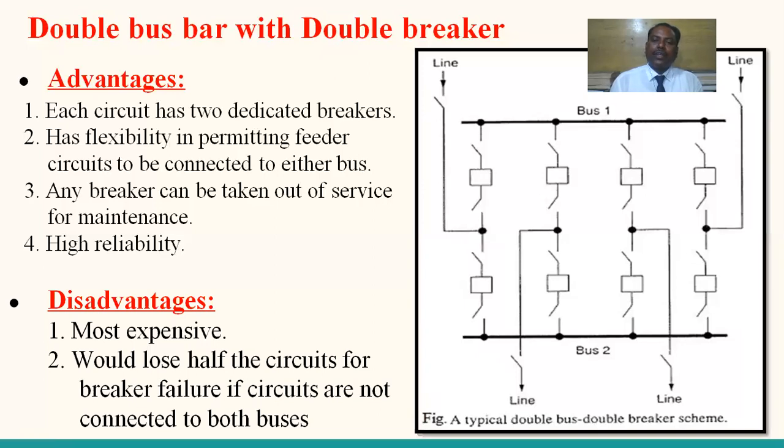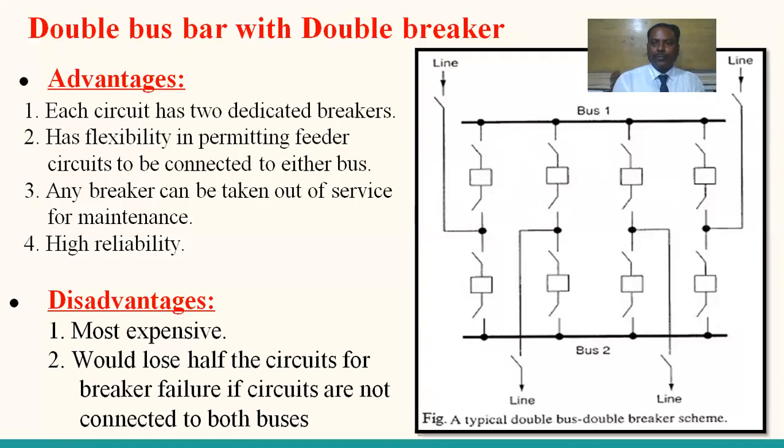This is one of the drawbacks. Why? Because there are only two incoming and two outgoing lines. Suppose one line has any problem, half of the circuit is to be out of service. So this is the double bus bar with single breaker as well as double bus bar with double breaker.